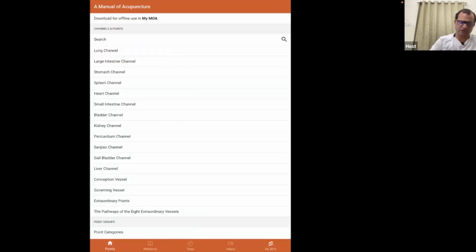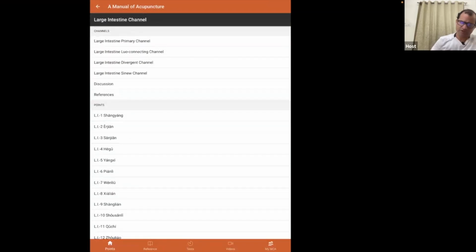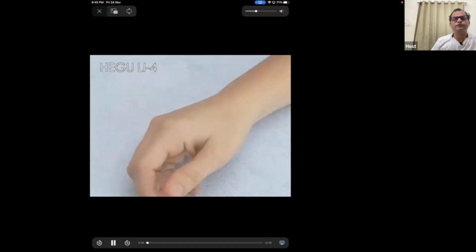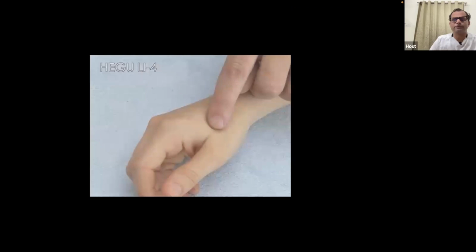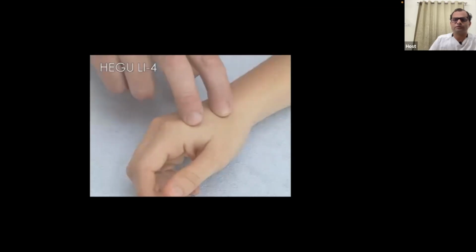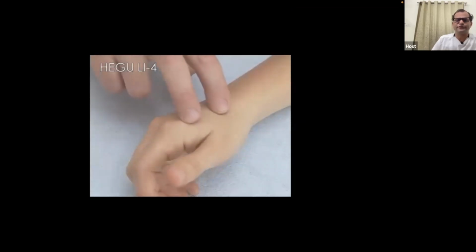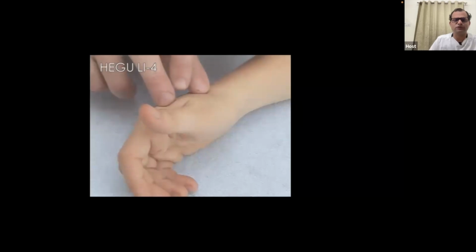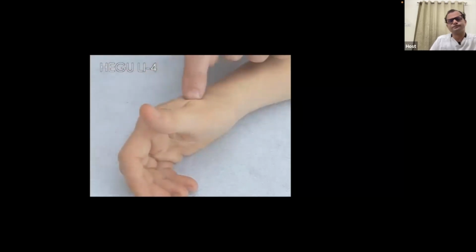I think everyone knows that. हमें एक पॉइंट यहां लगा देना Li4. Now whether we put the magnet or the needle, whether in the body or in the sujok, we will treat the patient successfully. हम patient को successfully treat कर सकेंगे. This is the location of Li4.